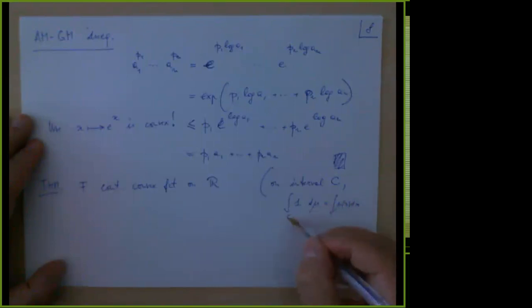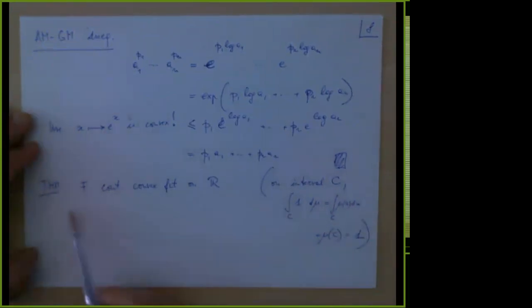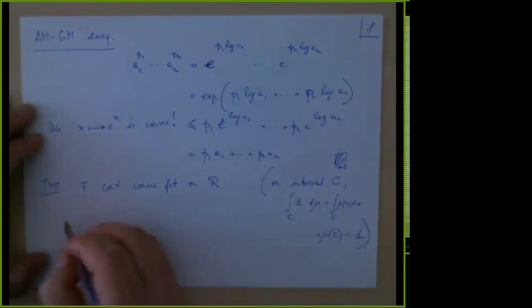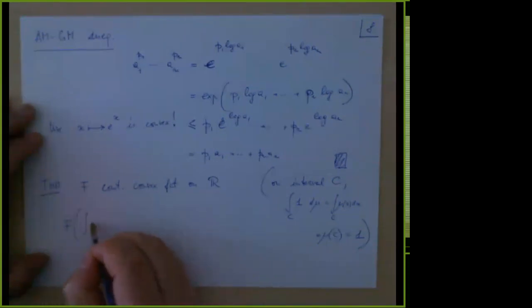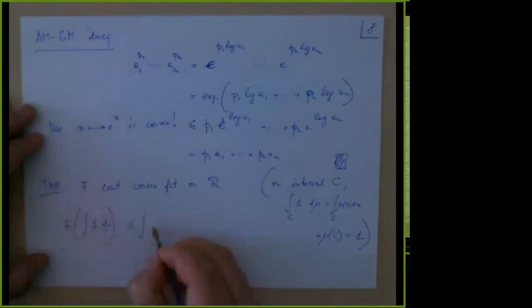This is done only because I want to remain in the setting of the Riemann integral. So assume that we have this condition, or C could be the whole R. It is not important, as this is the important condition. Then, assuming that all integrals are well defined, if I take any function f and I do this integral, then this is less or equal than the integral of f d mu.